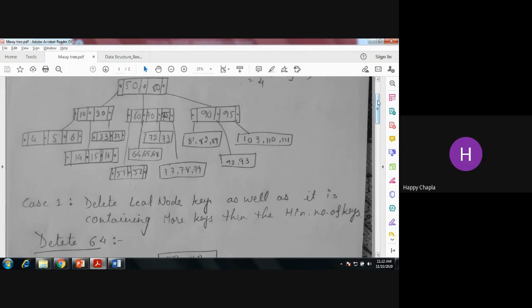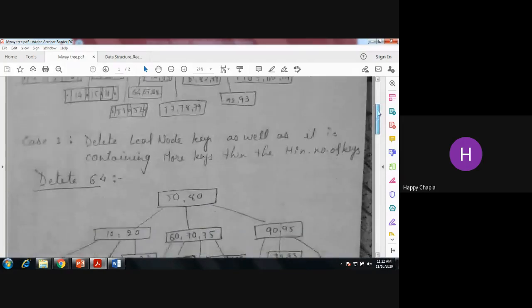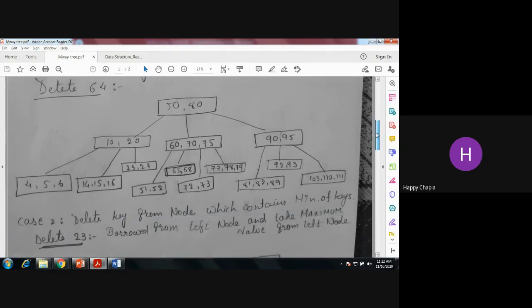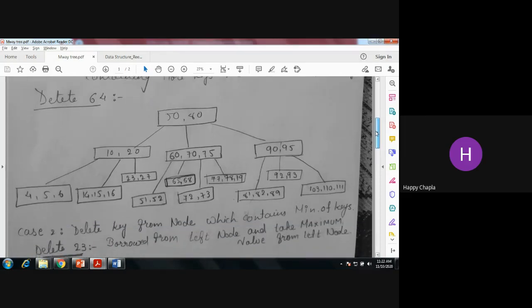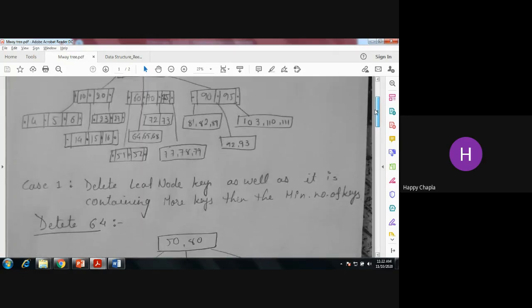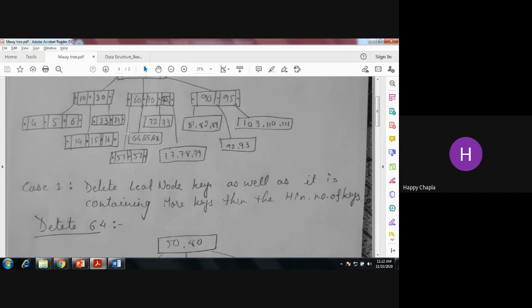Now case number 1. Delete the leaf node key as it is containing more keys than the minimum number of keys. We are trying to delete 64. So where is 64? Over here we have 64.